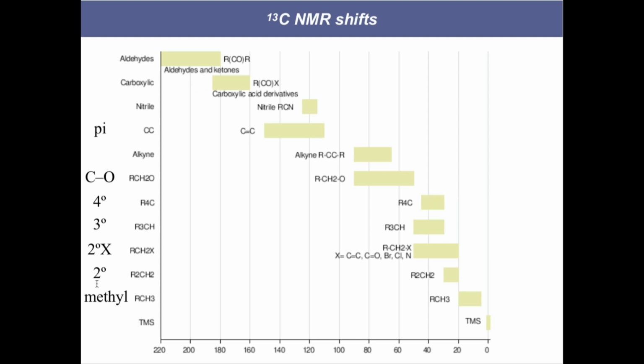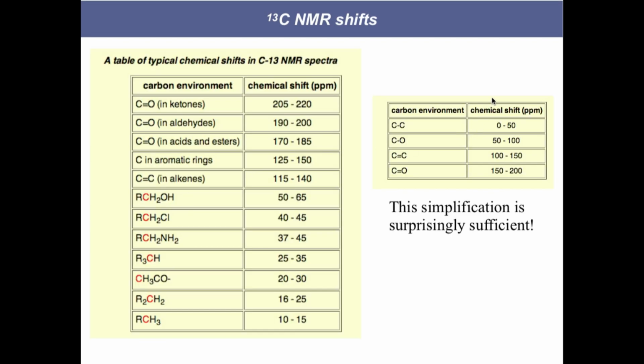Generally speaking, you see methyl, secondary with an X, tertiary, quaternary, carbon with an O, all of the pi type carbons, and then finally aldehydes and carboxylic acids, ketones and esters, the carbonyl compounds. But again, just for the sake of simplicity, for the most part, all you need is this. All you need are these 4 ranges and the corresponding types of bonds that our carbon has.